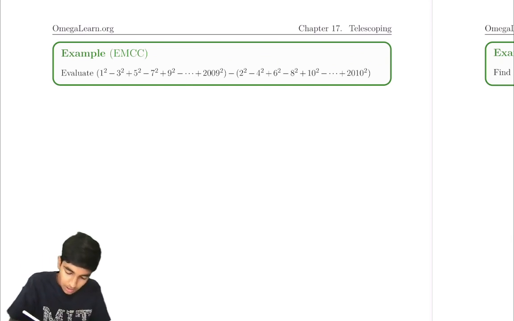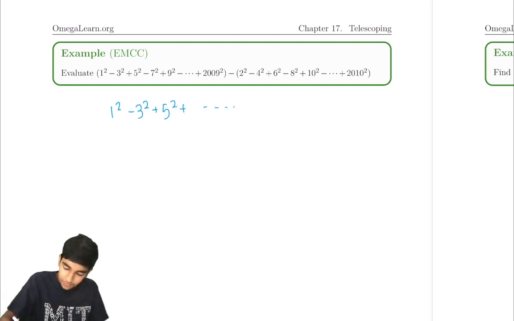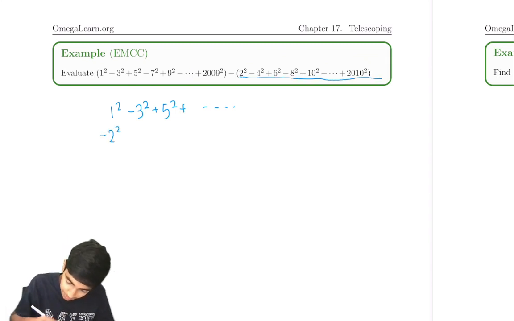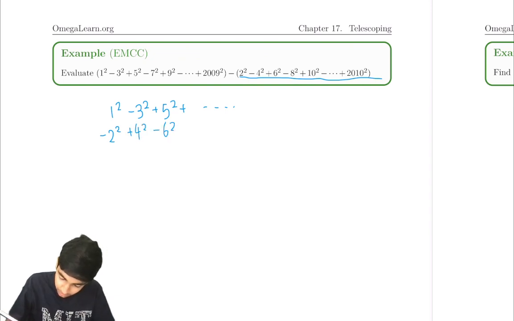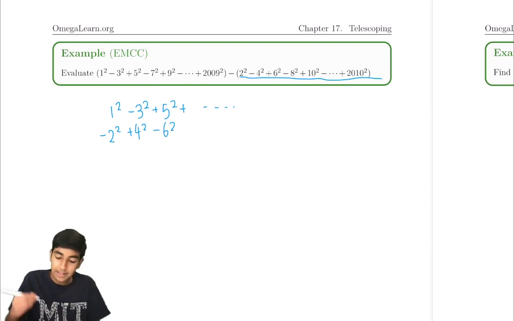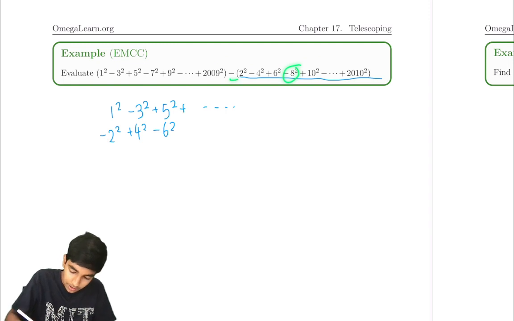So we've got 1 squared minus 3 squared plus 5 squared, and so on. And then we've got minus this expression. So we can write that as minus 2 squared, minus 4 squared, that's plus 4 squared, minus 6 squared, right? Because minus 6 squared, and then minus 8 squared, that's plus 8 squared, and so on.